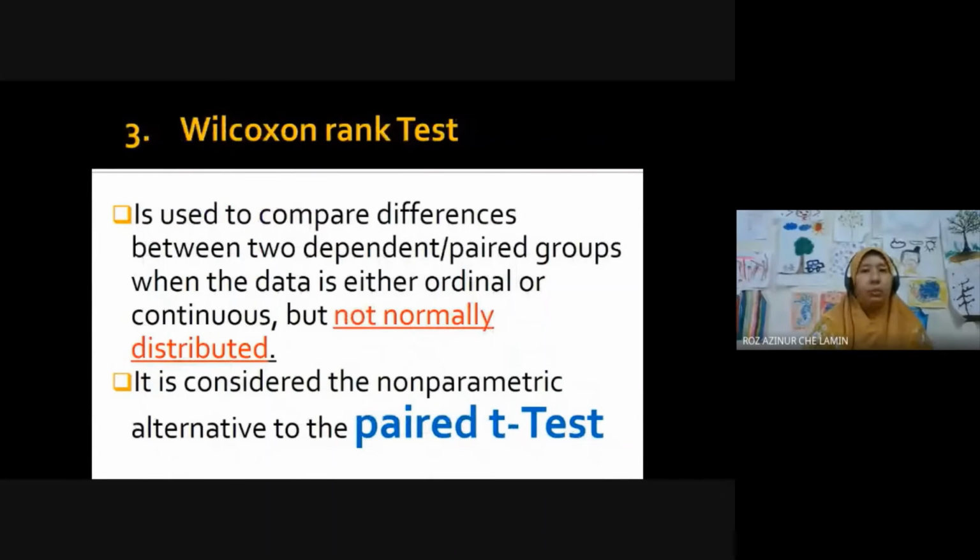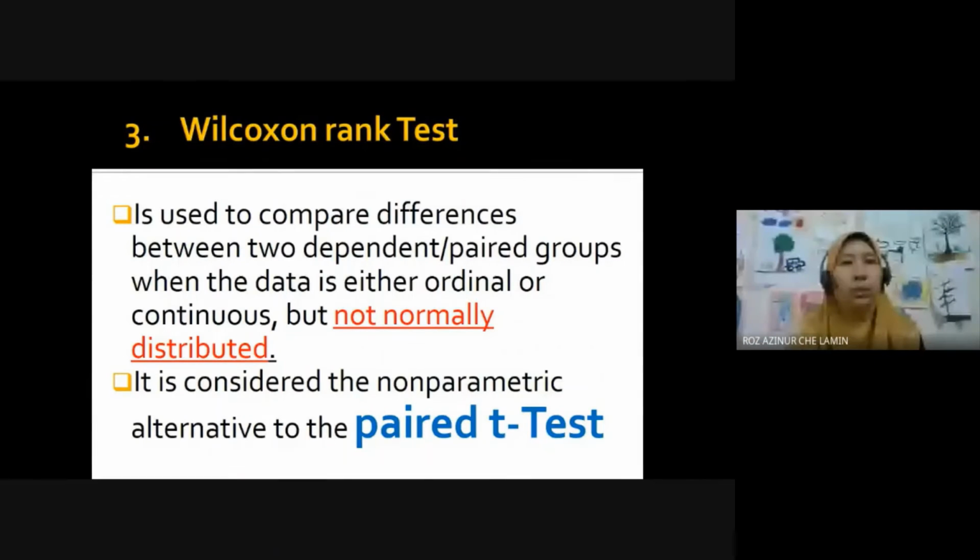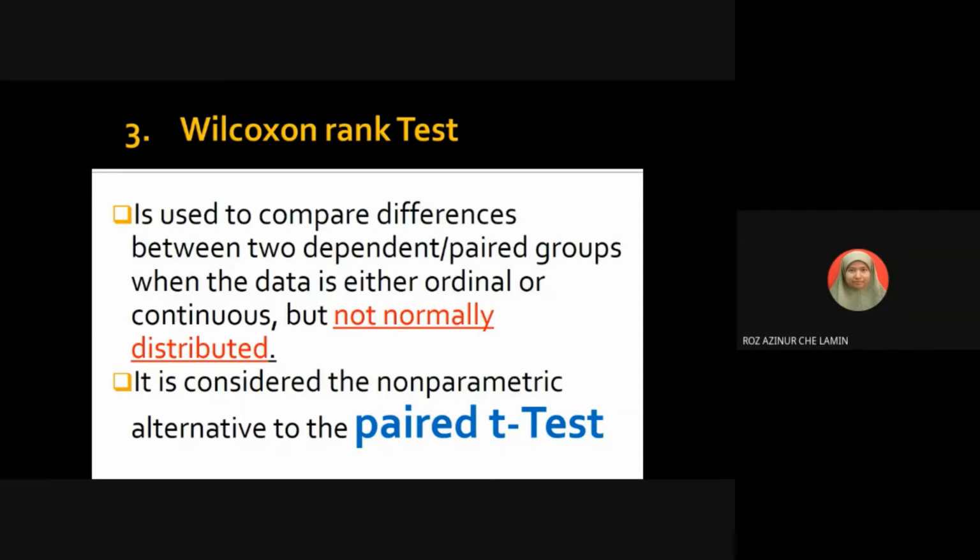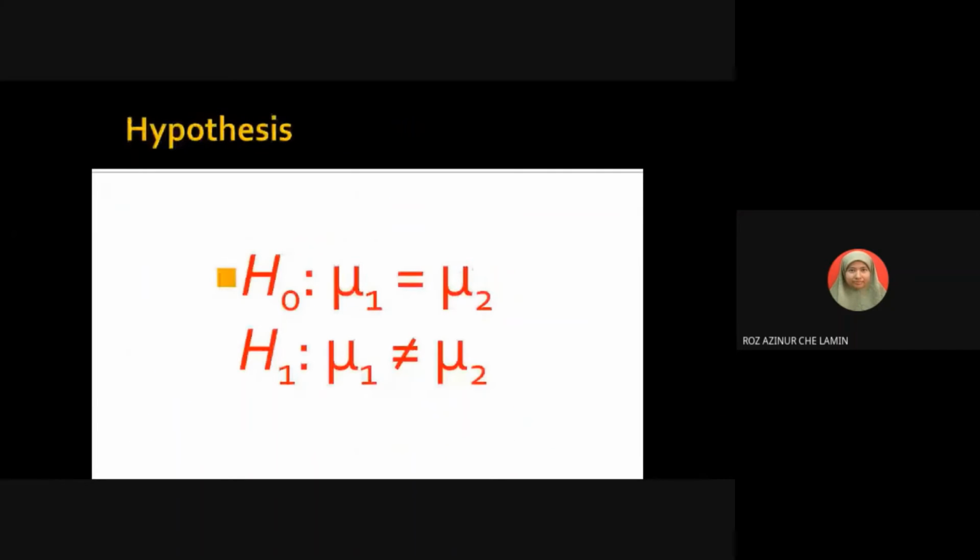Next we move to the Wilcoxon rank test. The Wilcoxon rank test is used to compare the differences between two dependent or paired groups when the data is either ordinal or continuous but not normally distributed. It is considered the non-parametric alternative to the paired t-test. The hypothesis is also the same.